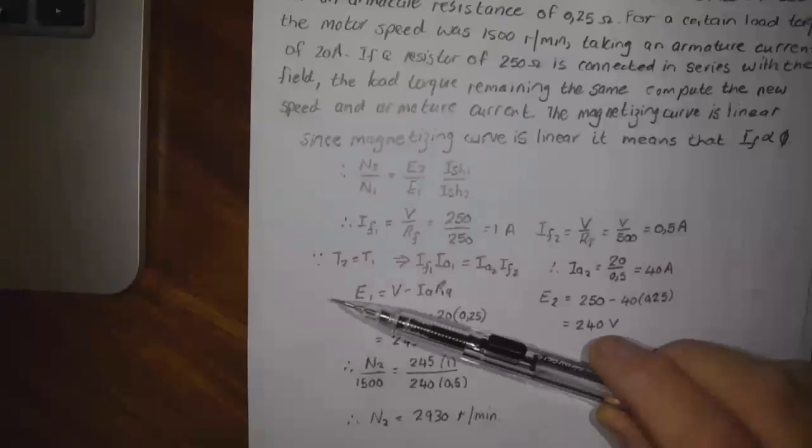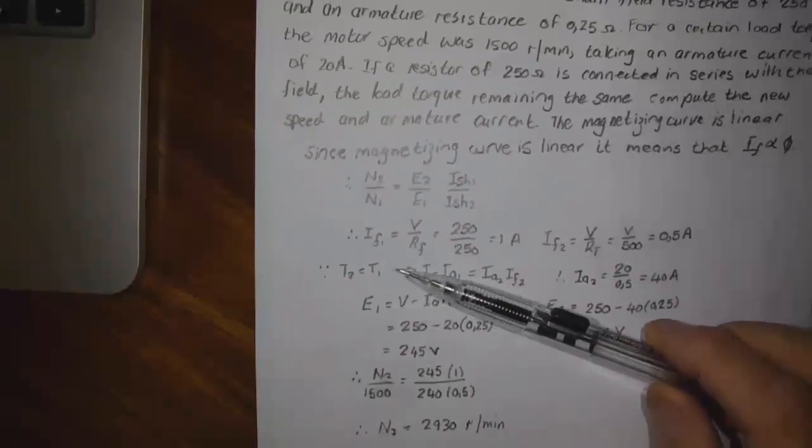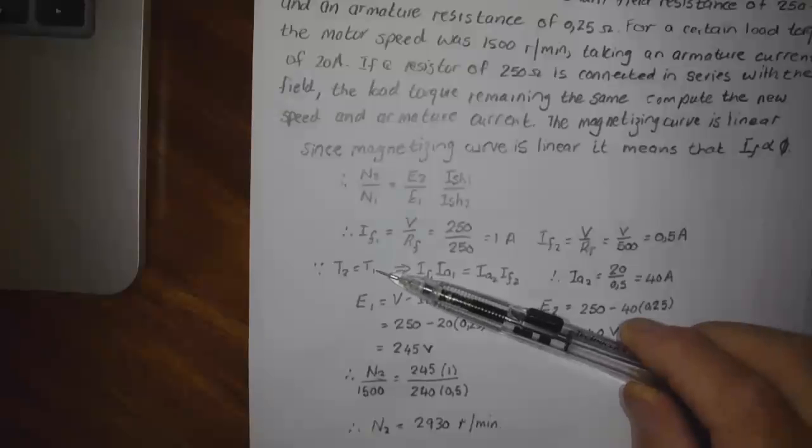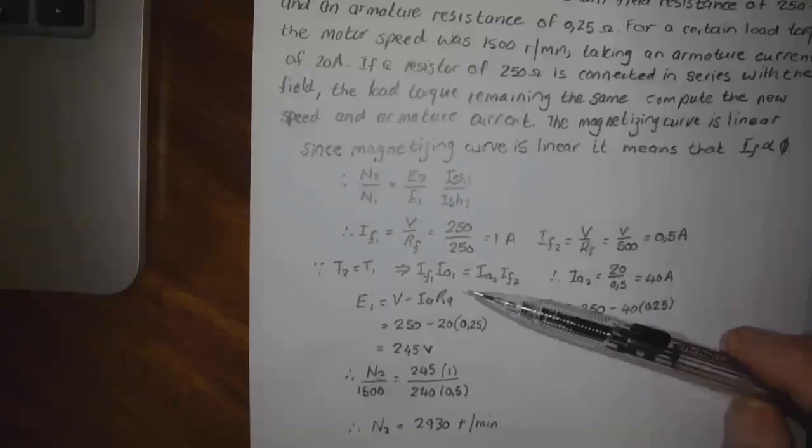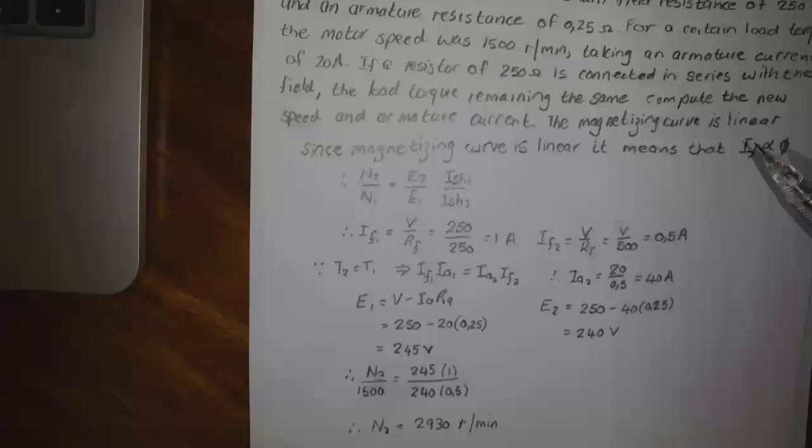And torque 2 is equal to the torque on the first one, because they said the torque was remaining the same. So we find that IF1 IA1 is equal to IA2 IF2. So IA1 is 20 divided by 0.5, which gives us 40 amps.